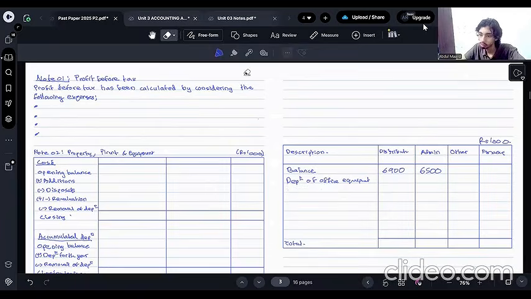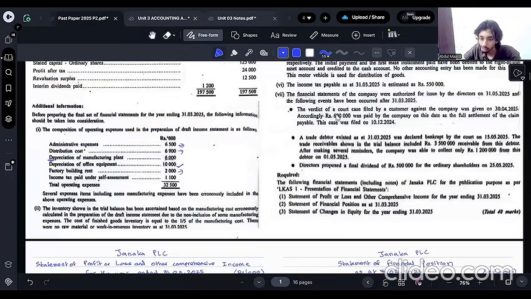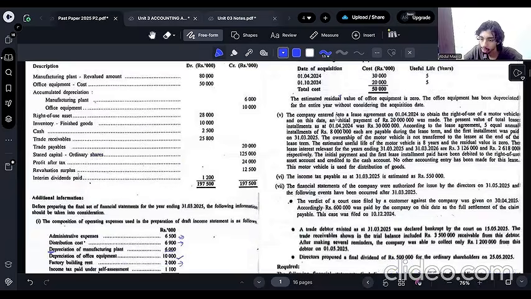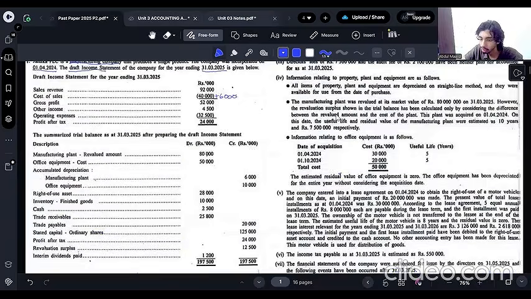So factory building rent also should be added to your cost of sale, because it will be added to your production overhead. Then it will be a part of your total production cost. That total production cost is recorded under cost of sale.